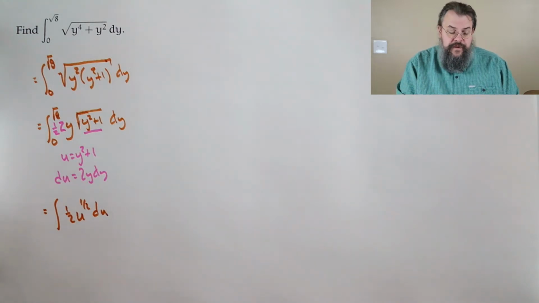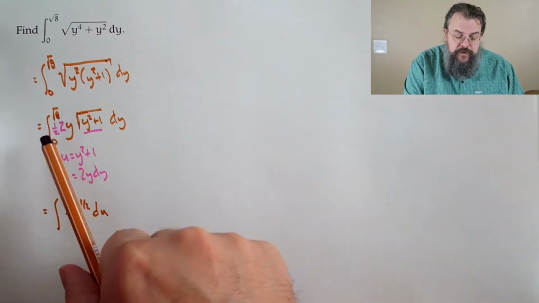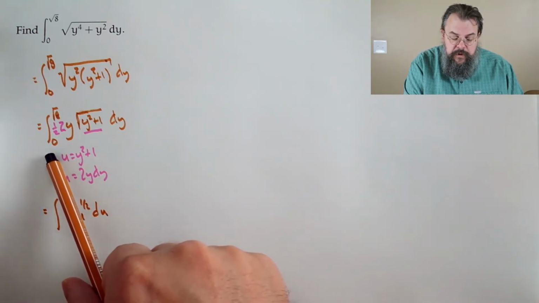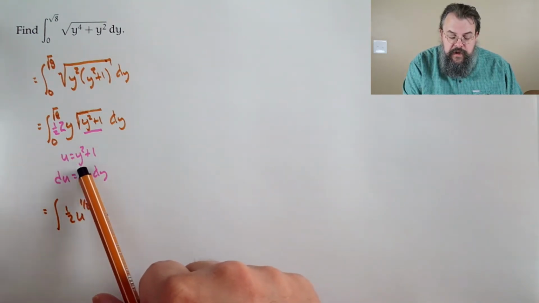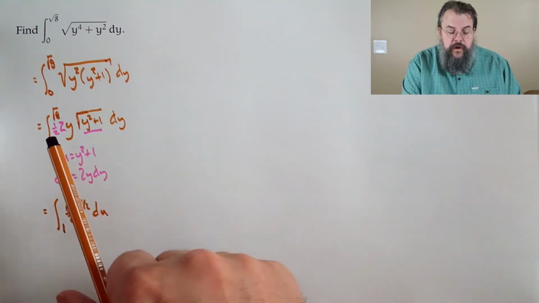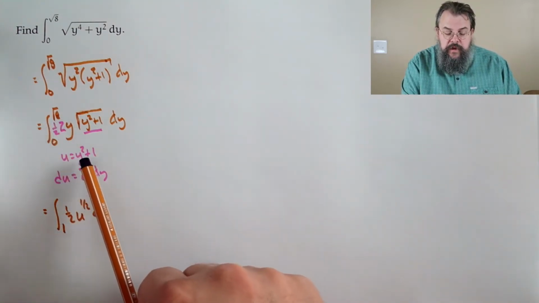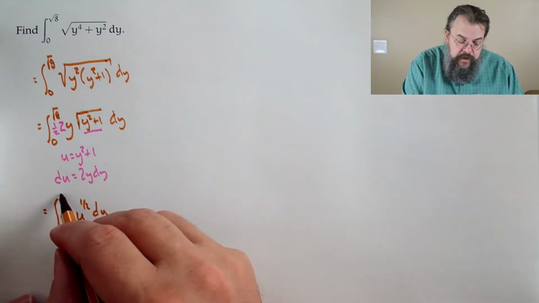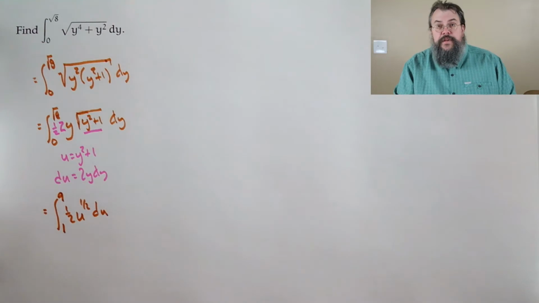Let's do the bounds. We originally went from 0 to root 8. So when we plugged in 0, that means y equals 0. So 0 squared plus 1 makes 1. Root 8 squared plus 1, 8 plus 1 is 9. So 1 to 9. Great numbers.